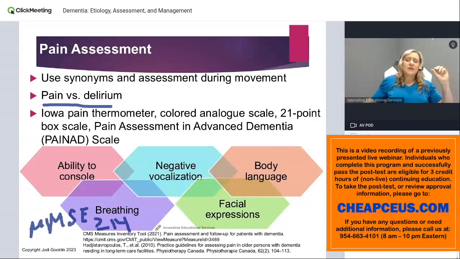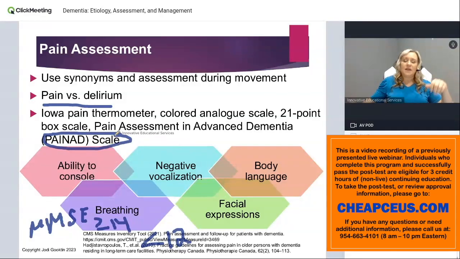Someone whose score is going to be less than a 12, that individual is not going to be able to effectively relay their pain. So, what you're going to utilize is the PAINAD scale. And what this stands for is the pain assessment in advanced dementia. So, this particular tool, it helps you utilize nonverbal communication as well as verbal or auditory sounds the individual makes to help recognize if they're in pain.